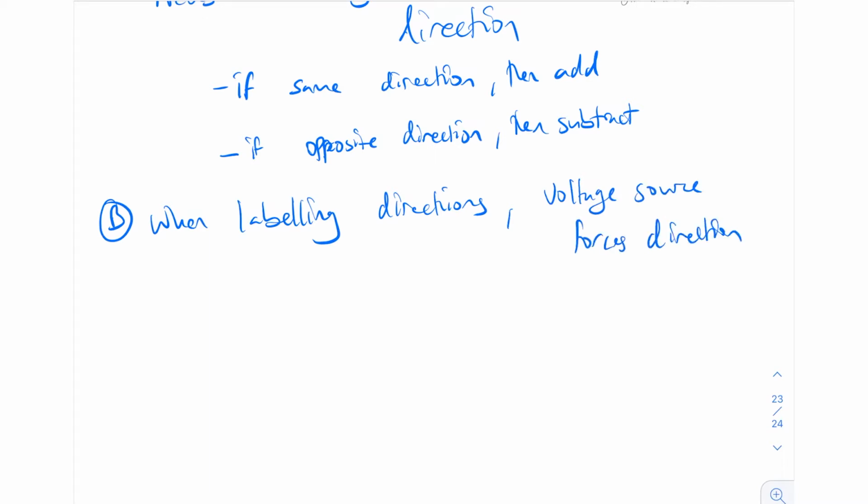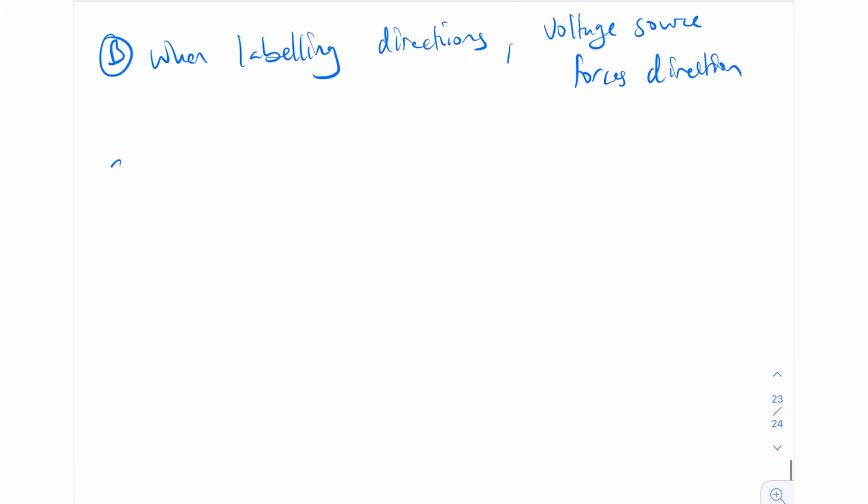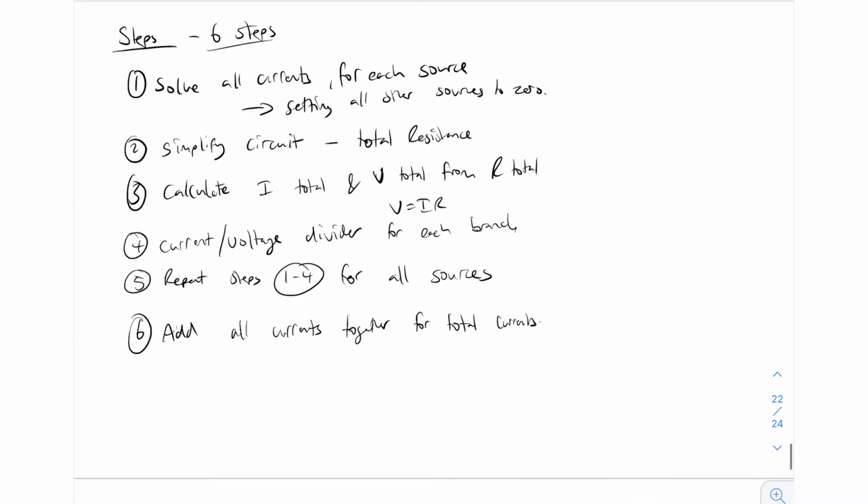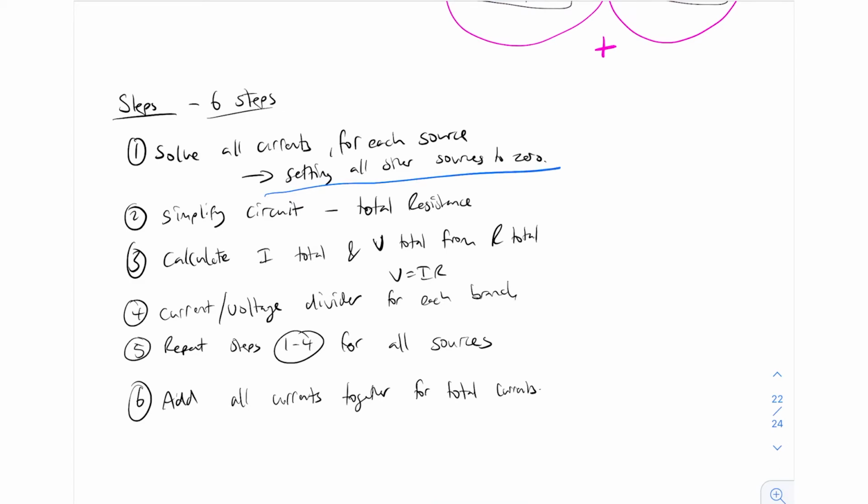And then probably the most important point here is how to set sources to 0. We put it in our steps, right? We've said that we're going to set all other sources to 0.